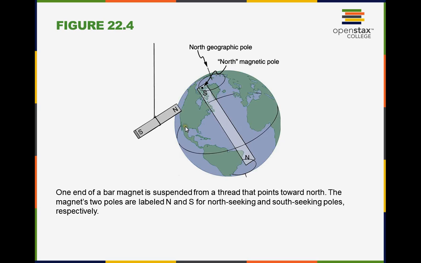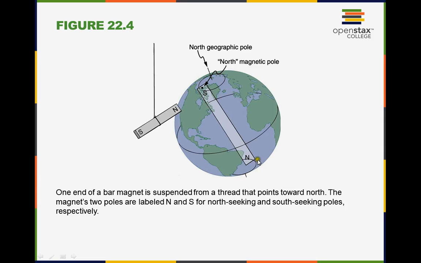So the Earth's north geographic pole and south geographic pole are not actually straight up and straight down, because the Earth is rotated on its axis, and the magnetic field is even tilted from the axis of rotation. It behaves as though there is a giant bar magnet inside the Earth.